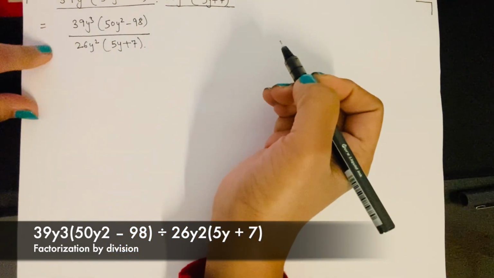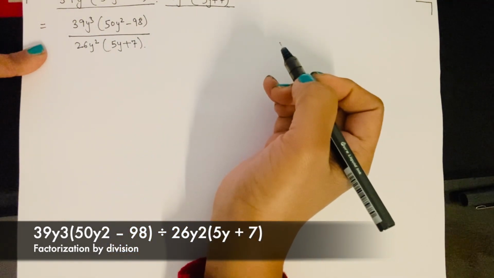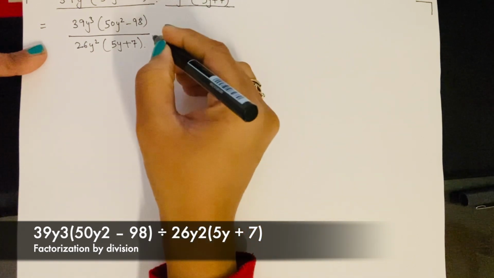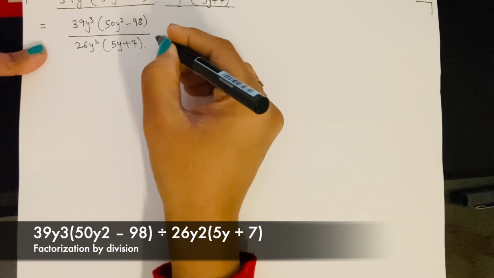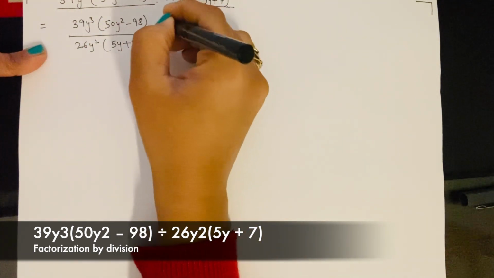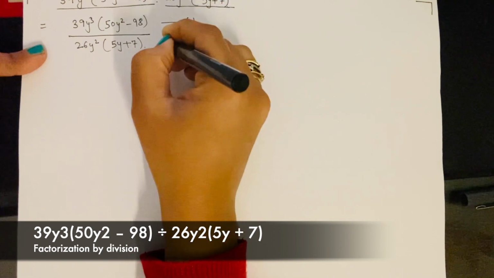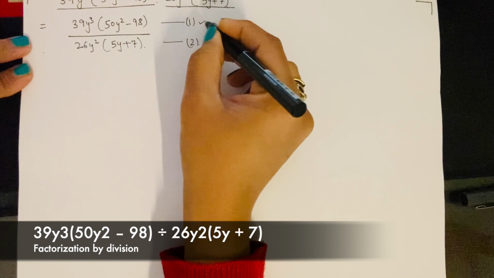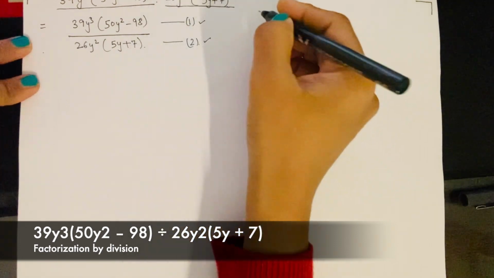Okay, now what is the first step? Whenever we solve any equation, we have to first take out the common factor. There are two parts of the equation here, 1 and 2, so let's solve these two parts separately one by one.